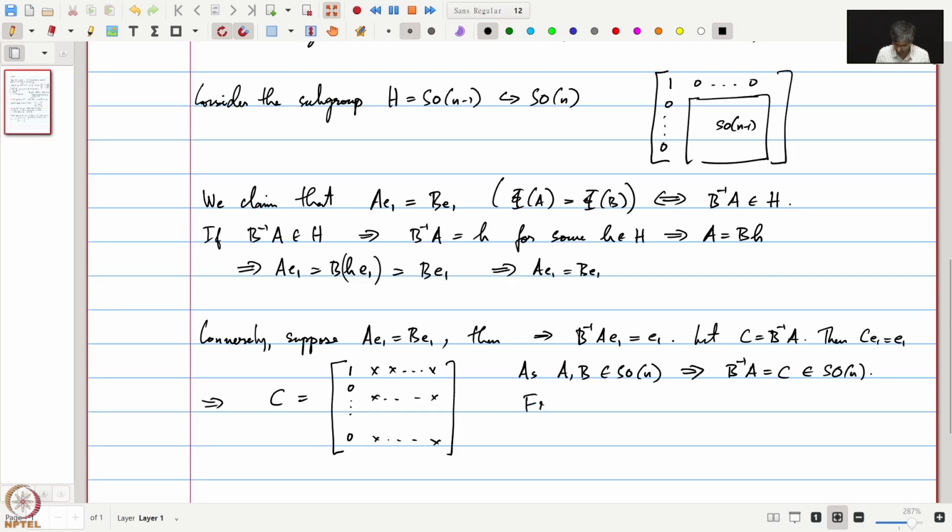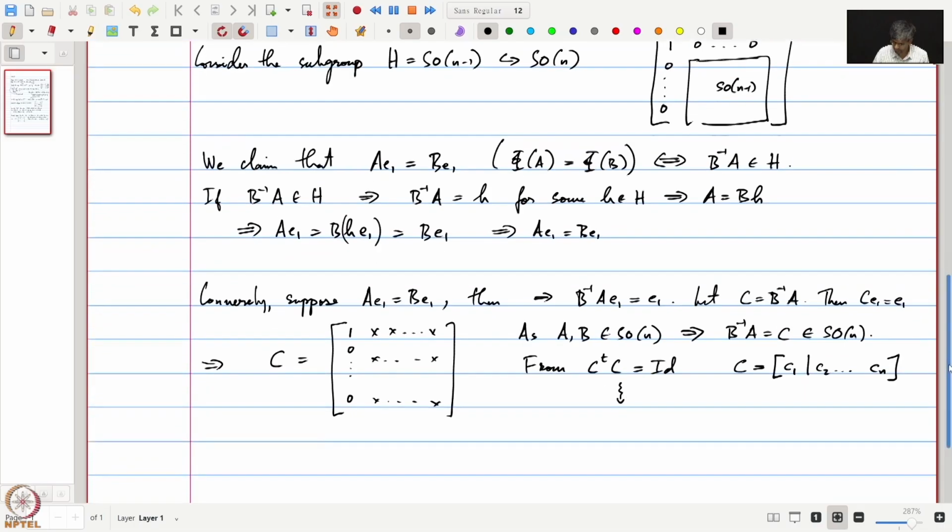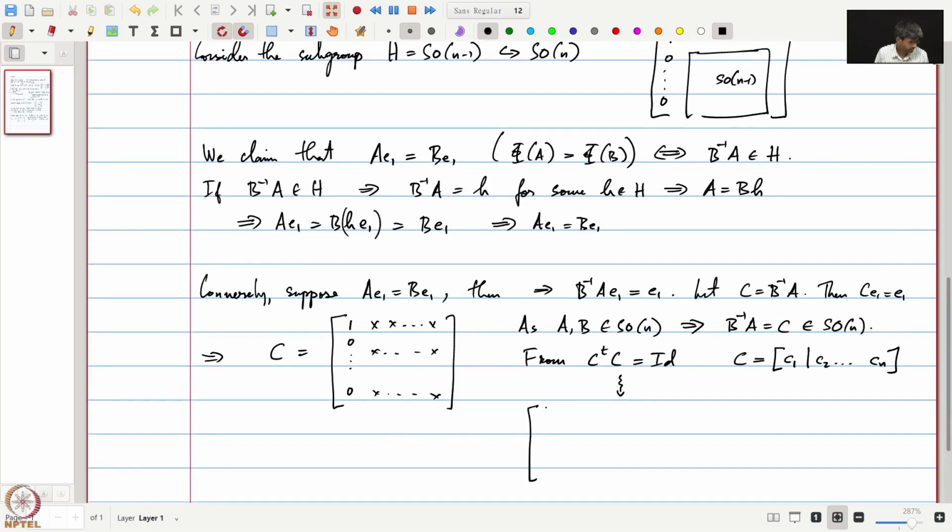And from the condition C transpose C is equal to identity, if we write C as columns C1, C2 up to Cn, then C transpose C is equal to identity becomes the matrix with rows C1 transpose, C2 transpose, up to Cn transpose, multiplied by the columns C1, C2 up to Cn, equal to identity.